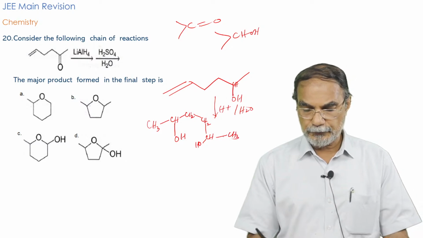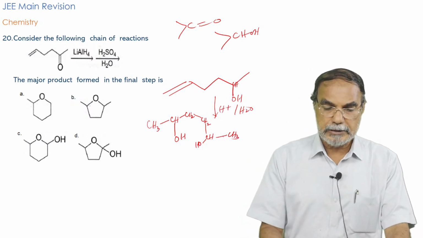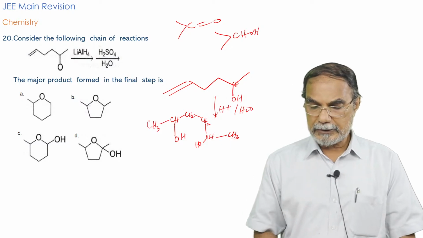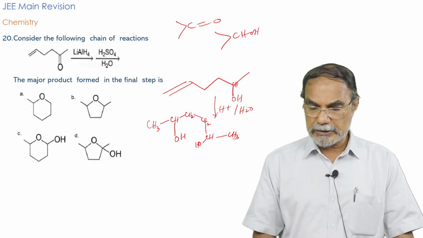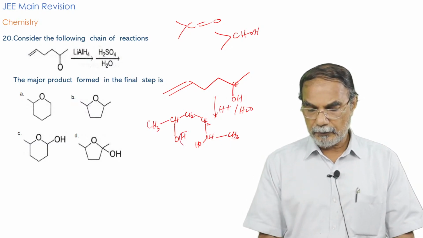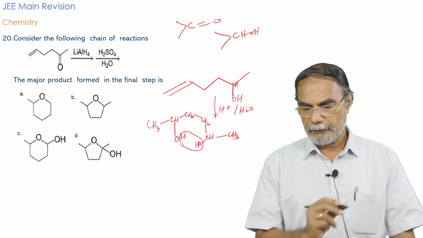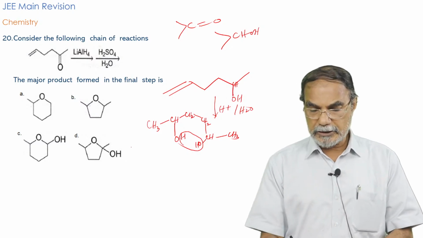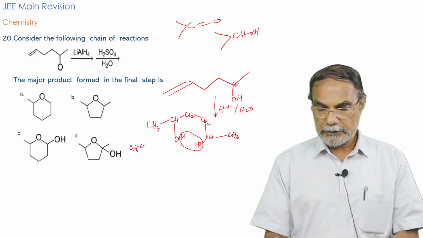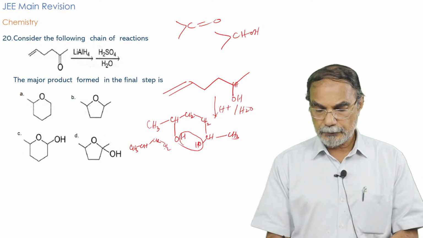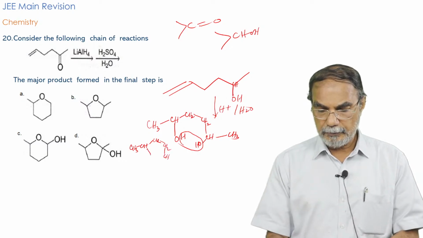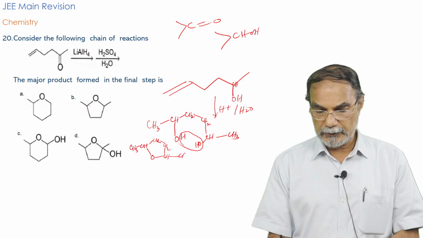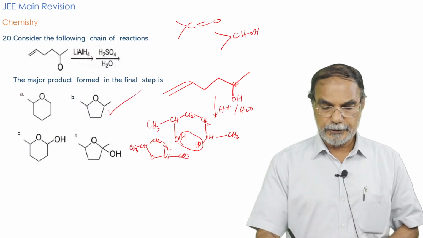This is the compound formed in acid catalyzed hydration. And here you have H2O being eliminated. H2O eliminated means you have the compound CH3CH, CH2, CH2, CH. Between them you have an O and methyl groups. So the product of the reaction is B.